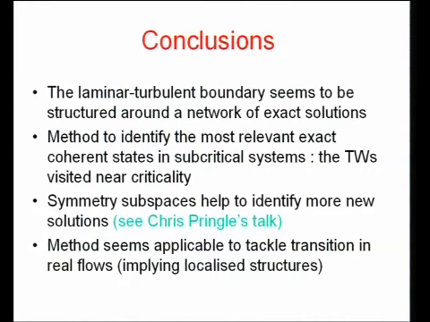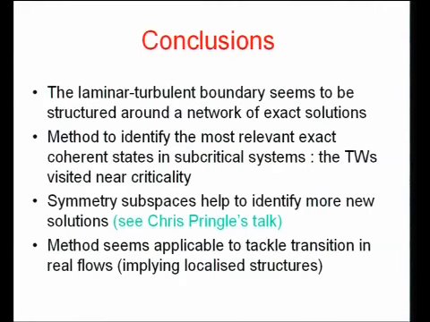So it seems that this laminar turbulent boundary is structured around a network of exact solutions which are interconnected through heteroclinic and homoclinic connections. The method that we used here not only allows us to find traveling wave solutions, but it allows us to identify the ones that are really visited by the system, so maybe the most relevant coherent states for transition.